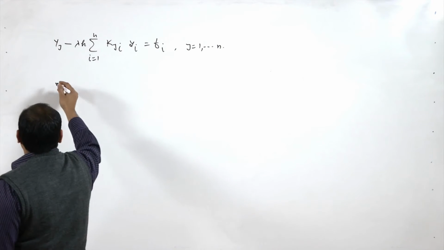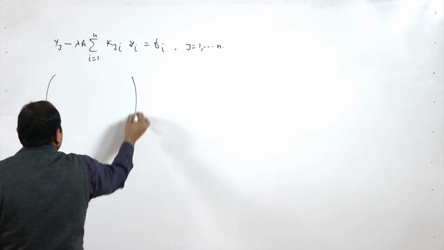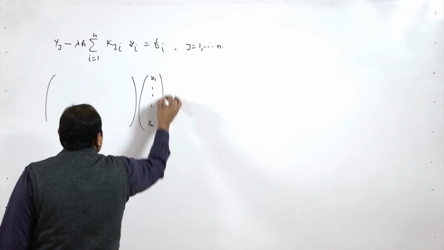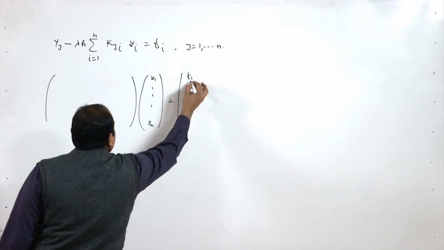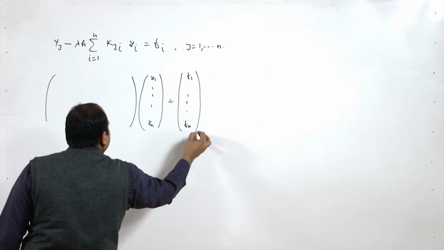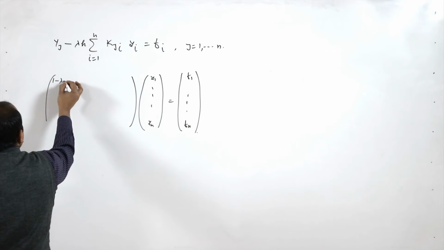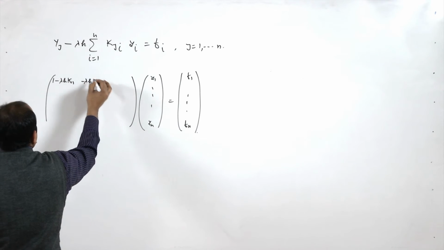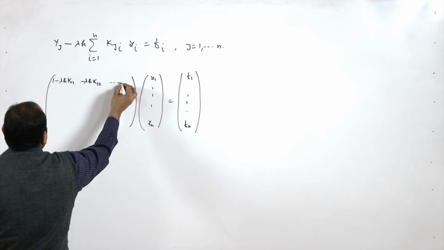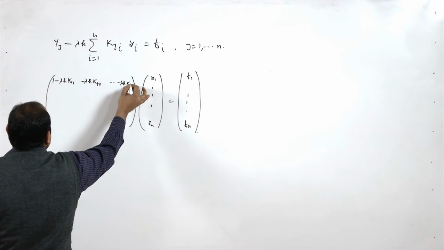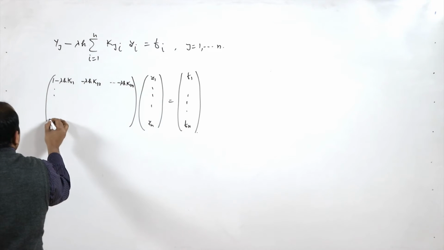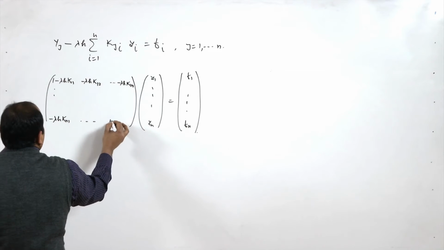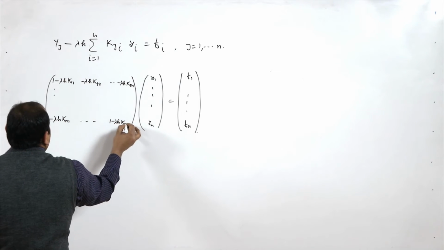So if you write this down, you get y_1 to y_n, and this is your f_1 to f_n, and here you can write 1 minus lambda h k_11, minus lambda h k_12, and so on, minus lambda h k_1n, and so on. Here you can write minus lambda h k_n1 to 1 minus lambda h k_nn.